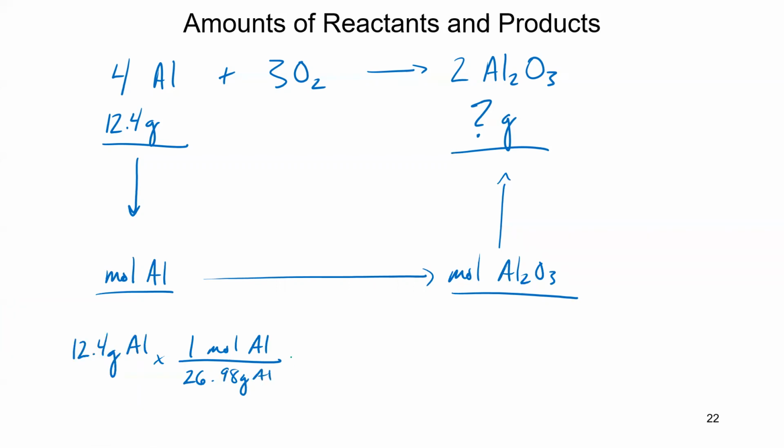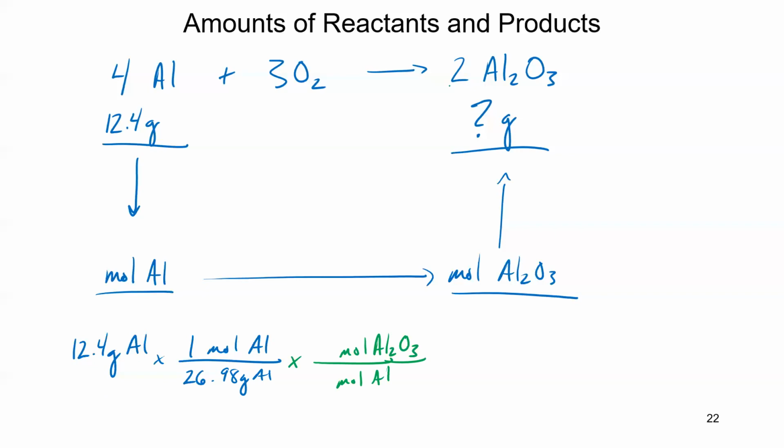Now here comes the new part, right? We need to convert between moles of aluminum and moles of aluminum oxide. This is what we need that balanced chemical equation for. We can't start these problems until we know what the balanced chemical equation is, because what's our ratio?